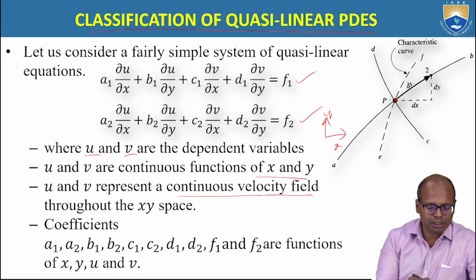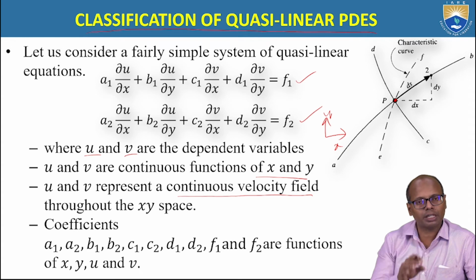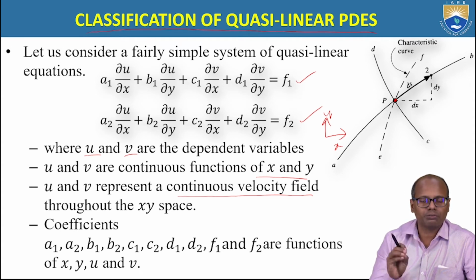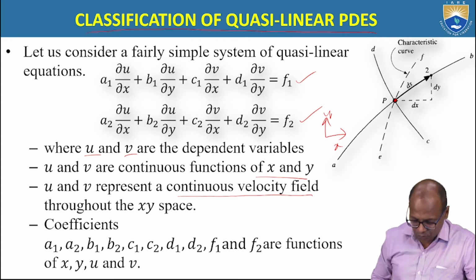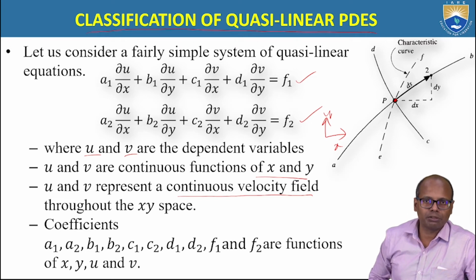And the remaining terms a1, a2, b1, b2, c1, c2, d1, d2 and f1, f2 are functions of x, y, u and v. All these coefficients can be functions of x, y, u and v. These are the characteristics of this equation.